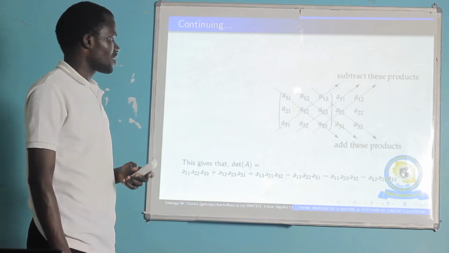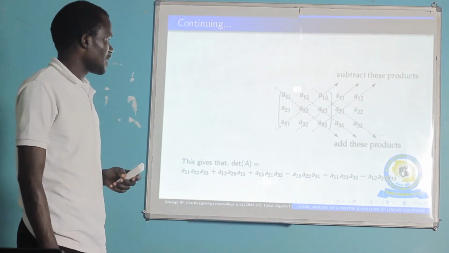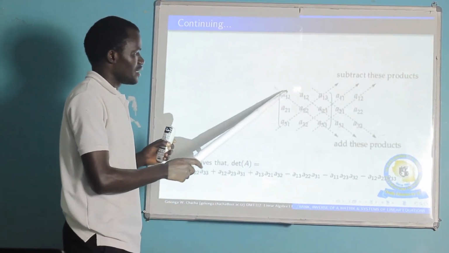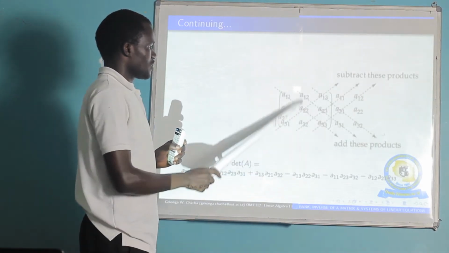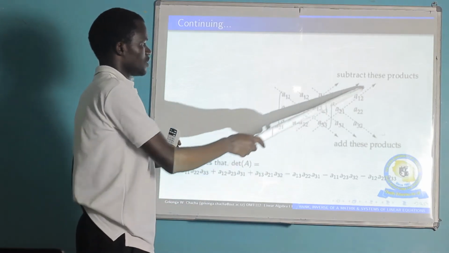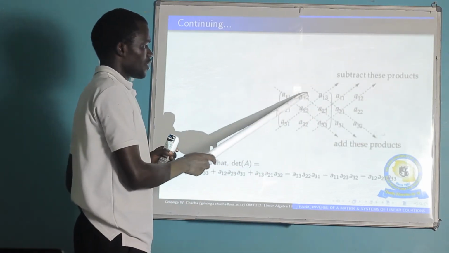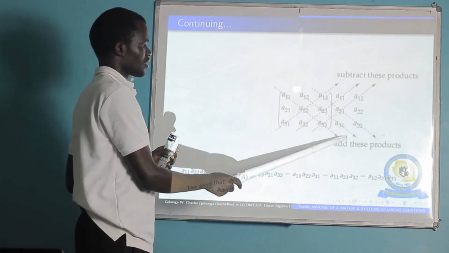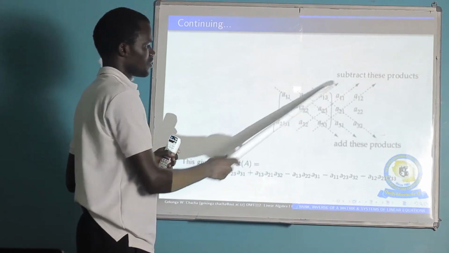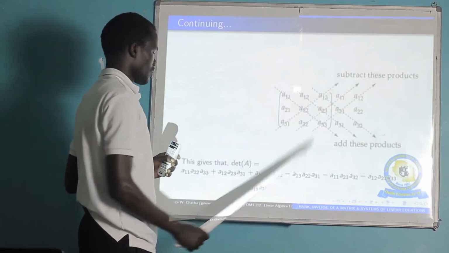What about a 3 by 3 matrix? For a 3 by 3 matrix, we take the product of this one, this one, this one, plus the products obtained by taking these two rows here, then this product plus this product, minus the product of this one, the product of this one, and the product of this one.